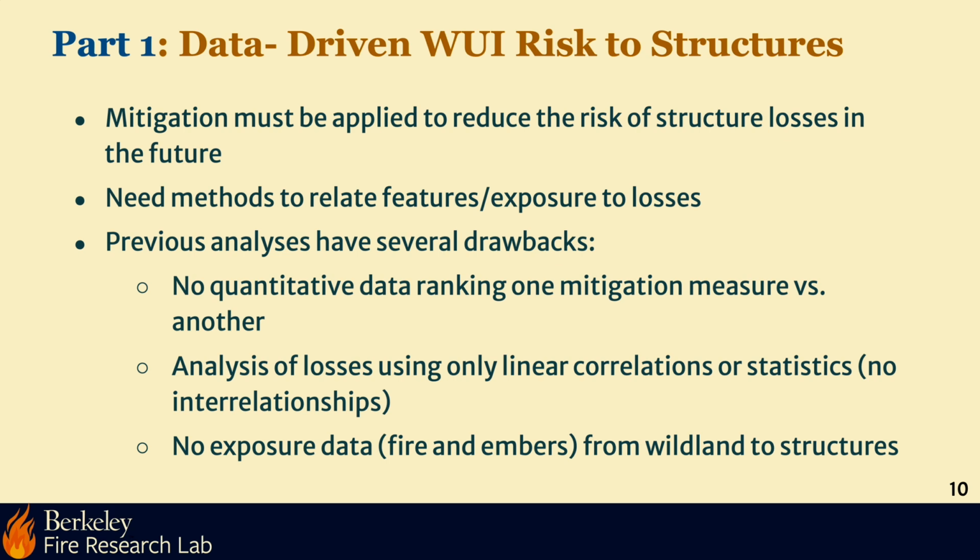Well, embers will go through the vents, ignite your attic, and all is lost. It doesn't matter if you did everything else, you missed a critical thing in an area exposed to embers. We need a way to look at that interrelatedness. And we also need to understand what area is exposed to fire, what area is exposed to embers.